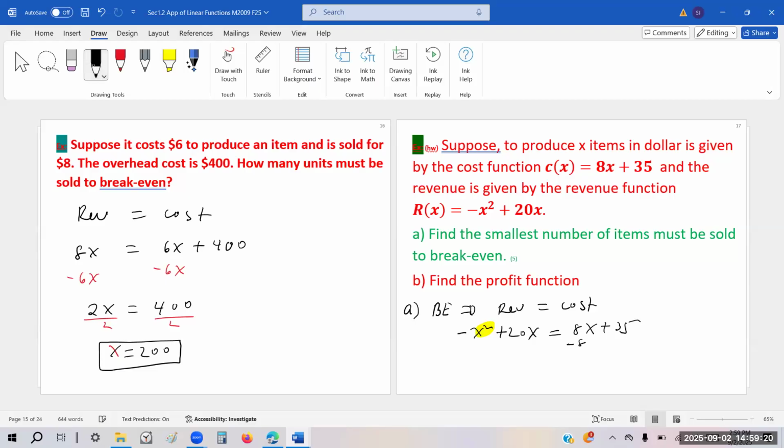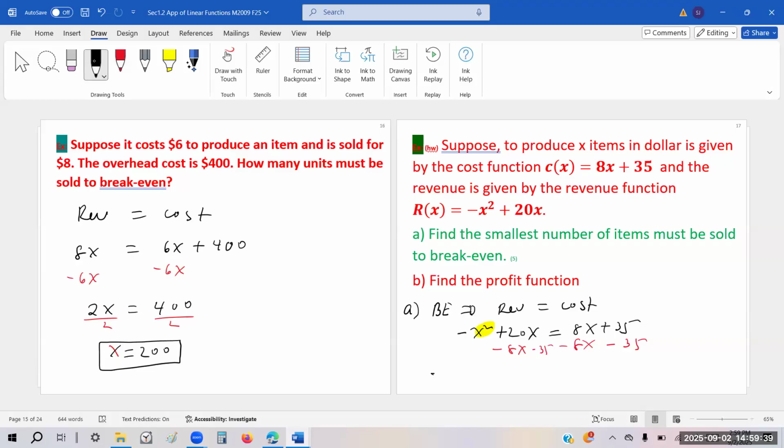So you can subtract 8x and subtract 35, minus 8x, minus 8x, minus 35, minus 35.